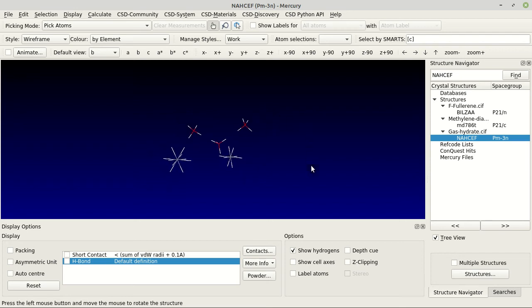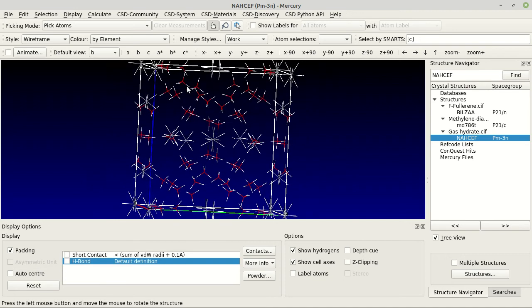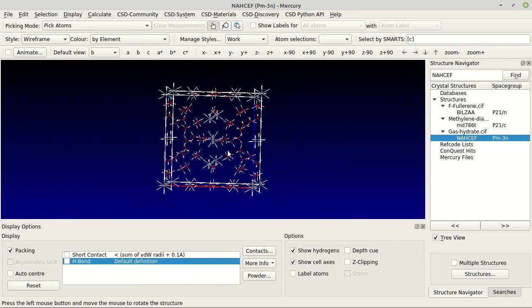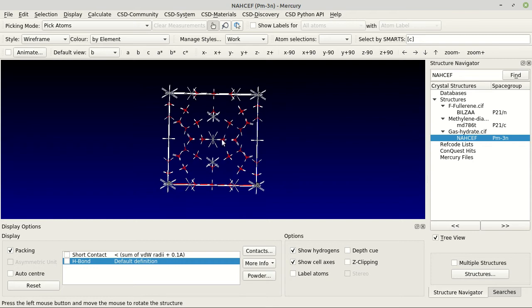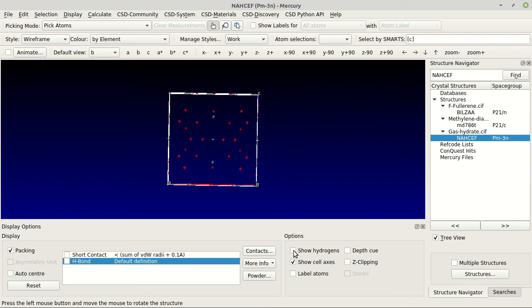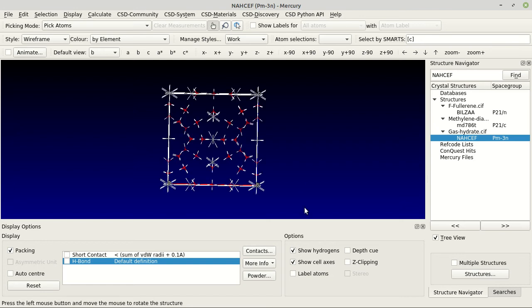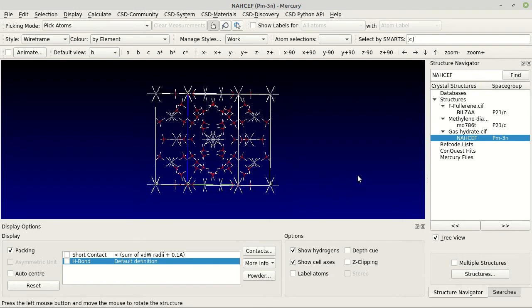Well, now have a look at the crystal packing, where you can confirm what we have seen on the slides before. We make the packing, and first I think you can see very nicely here the carbon inside, the alkane, which is surrounded by a lot of water. This is the first thing.